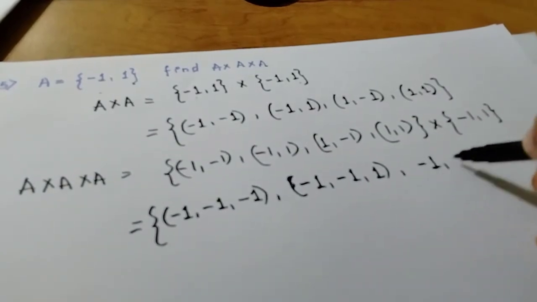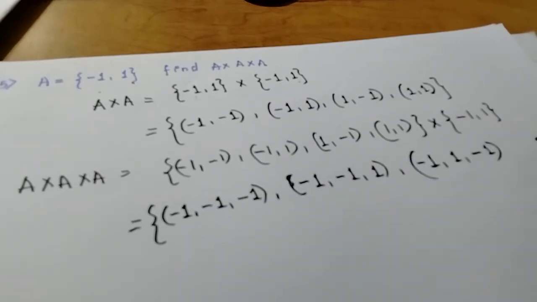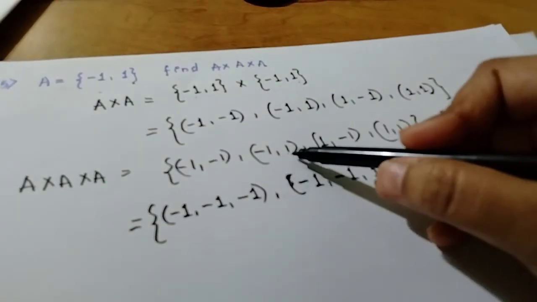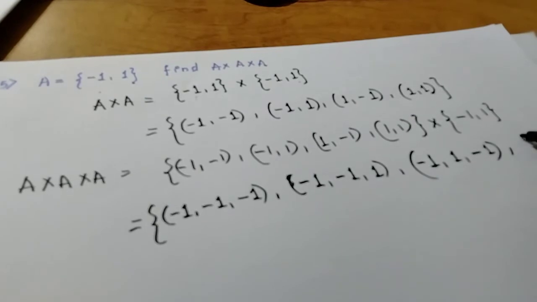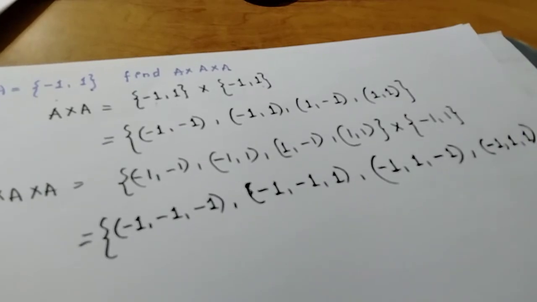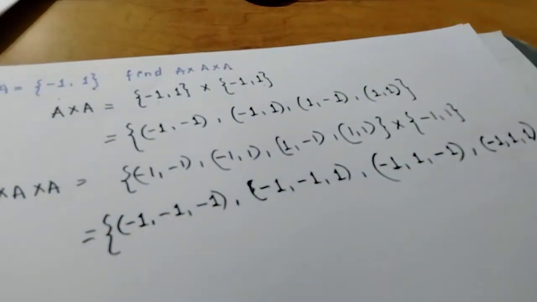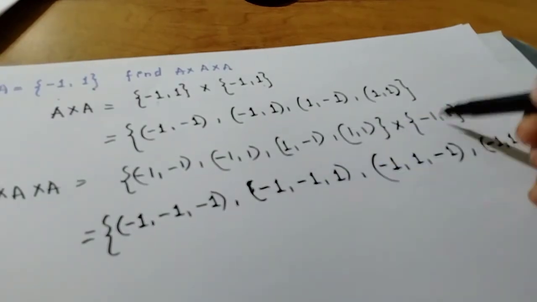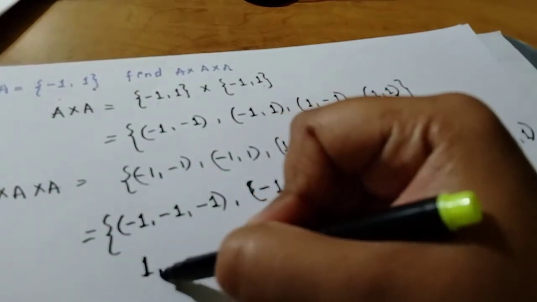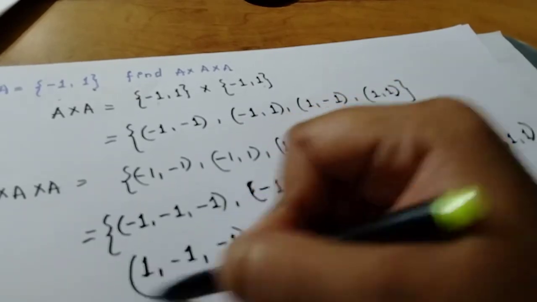Minus 1, plus 1, minus 1. Next, the same minus 1, plus 1 with plus 1: minus 1, plus 1, 1. Next, minus 1 and 1 is over. Next, 1 comma minus 1 with minus 1: 1, minus 1, minus 1. So the first element is what? Minus 1.